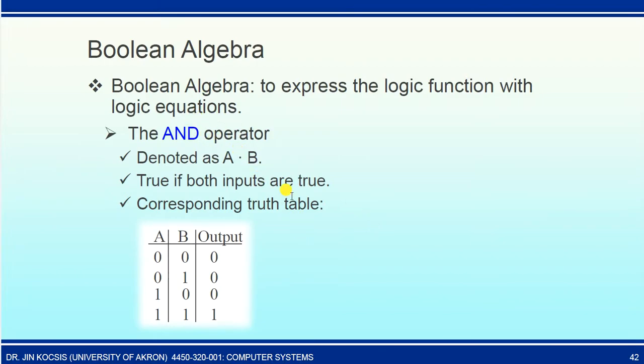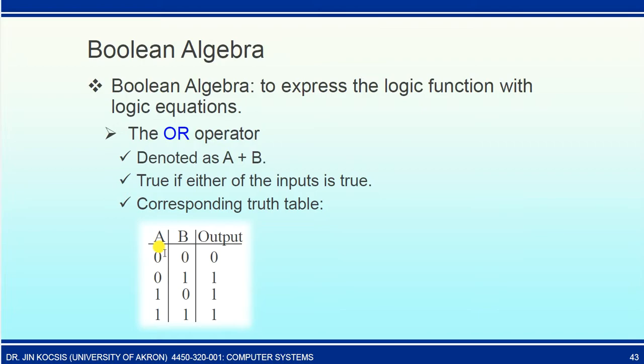And each Boolean algebra operation has its corresponding truth table. For example, for this AND operation, the truth table is the following, right? The output will be 1 only when both A and B are 1. Similarly, I'm using A plus B to represent the OR operator. The corresponding truth table is the following.